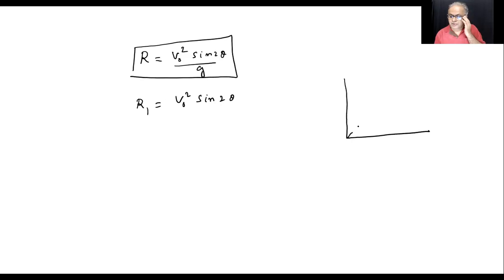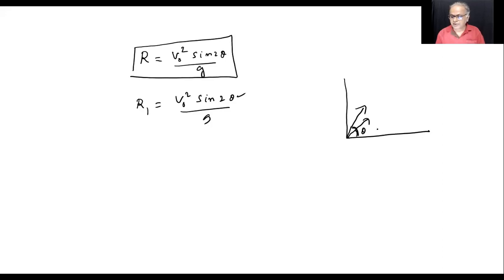A body is projected with theta first and 90 minus theta next. You follow? So they'll go in different paths. Yes. Different paths, but the ranges will be equal. I'll show it after doing this. This is for theta, I wrote sine 2 theta.